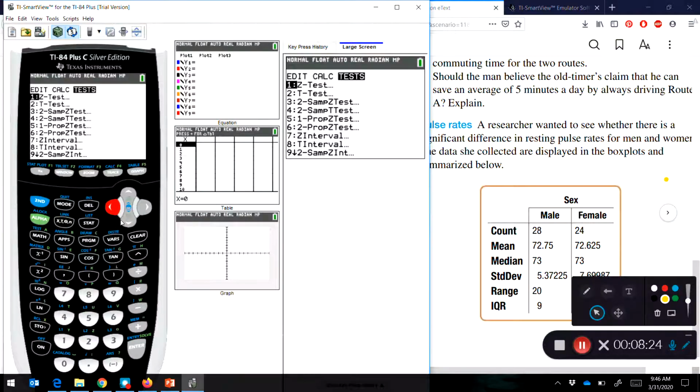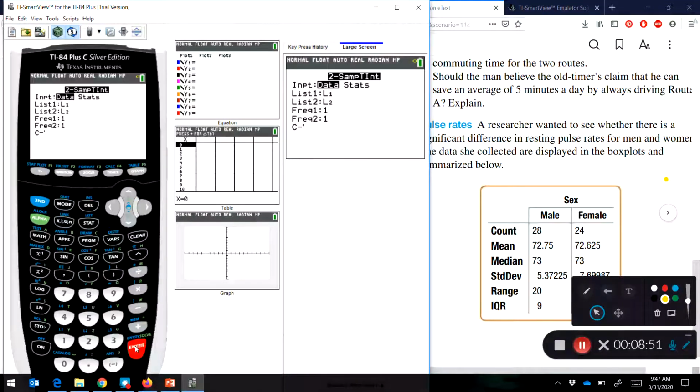And this time, in order to do a 2 sample t interval, I've got to go down more to option 0 here. This is the 2 sample t interval. So now we're going to choose that.